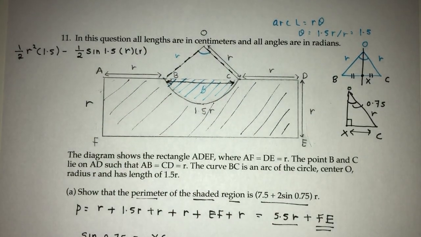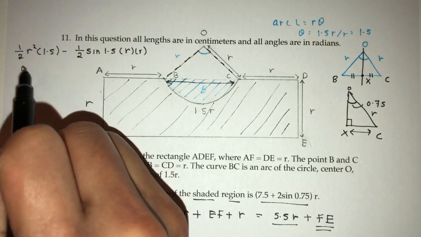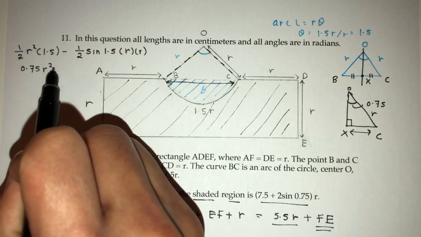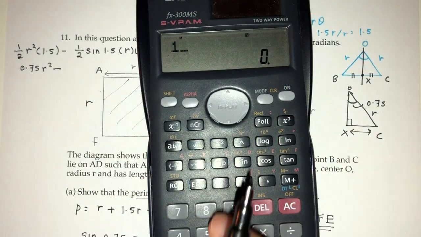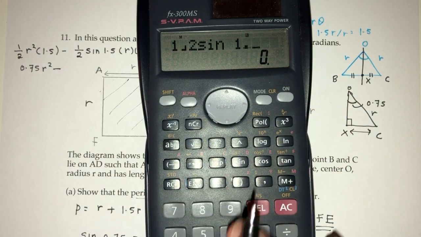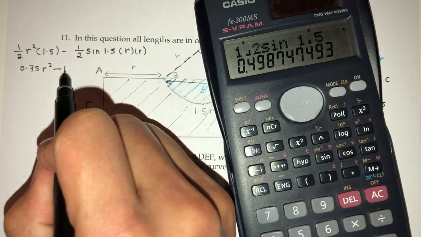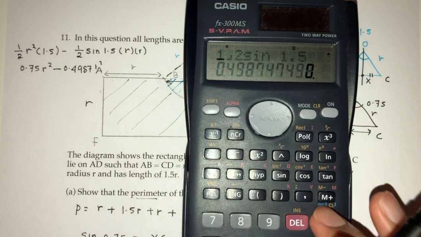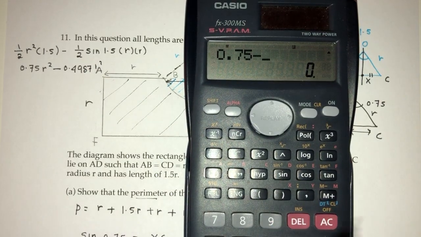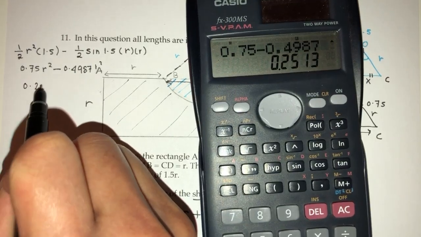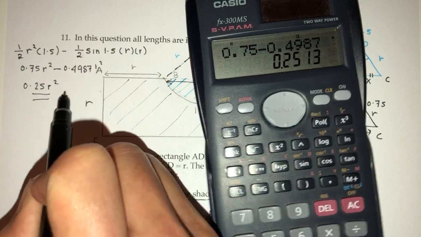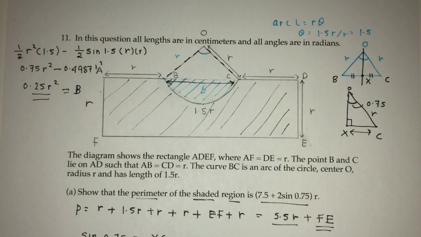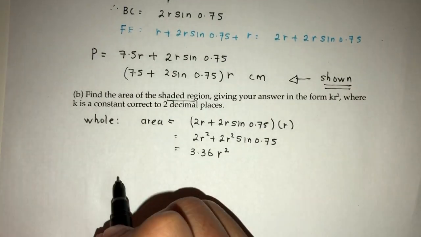So let's see, what do we have? That will be 0.75 r square minus half sine of 1.5. That will be 0.4987 r square. So 0.75 minus 0.4987, that will become 0.25 r square. So the area of B will be this value. So let's find out the shaded area.